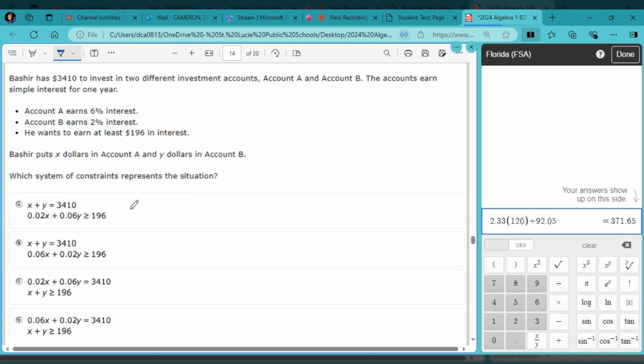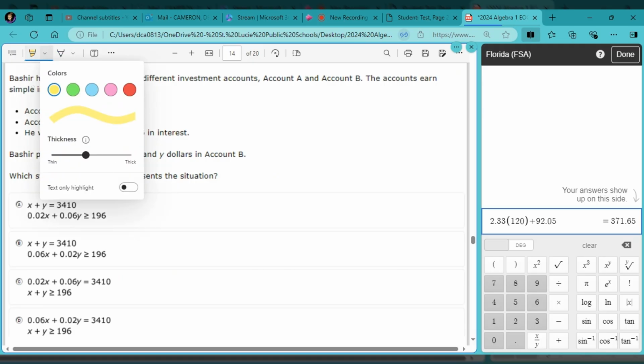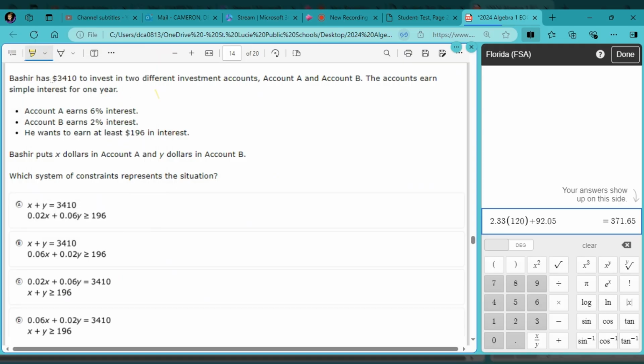Okay. If I look here, I'm going to look at my keywords again. Bashir has $3,410 in total to invest. I'm inputting those words, in total, right there right away.